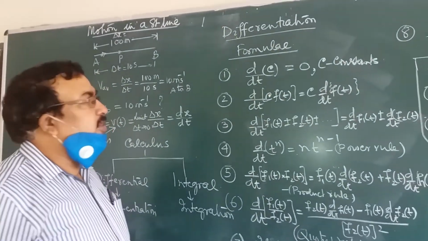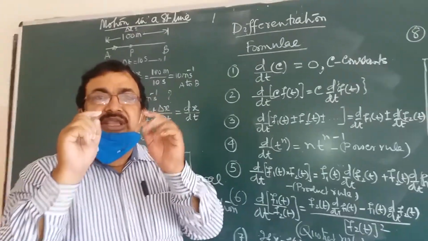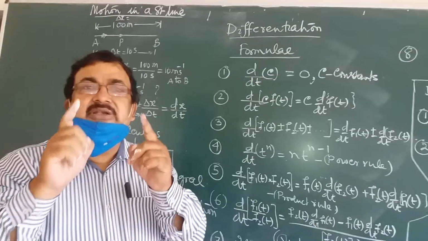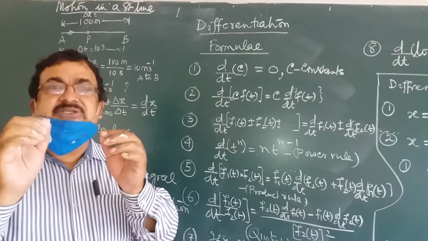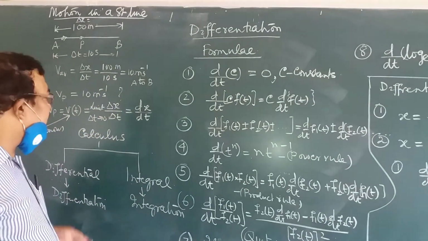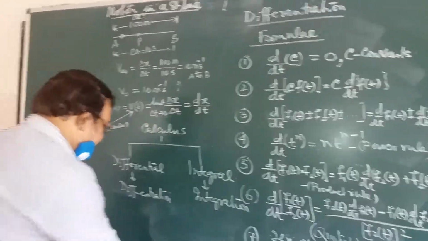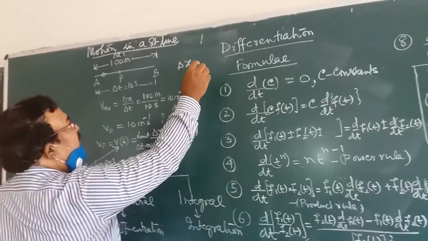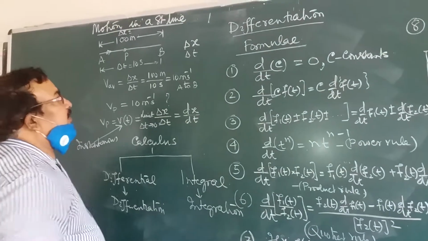So you go on dividing until your independent variable becomes infinitesimally small, and in terms of calculus we do it by the differentiation operation and putting the limit of the independent variable tending to 0.